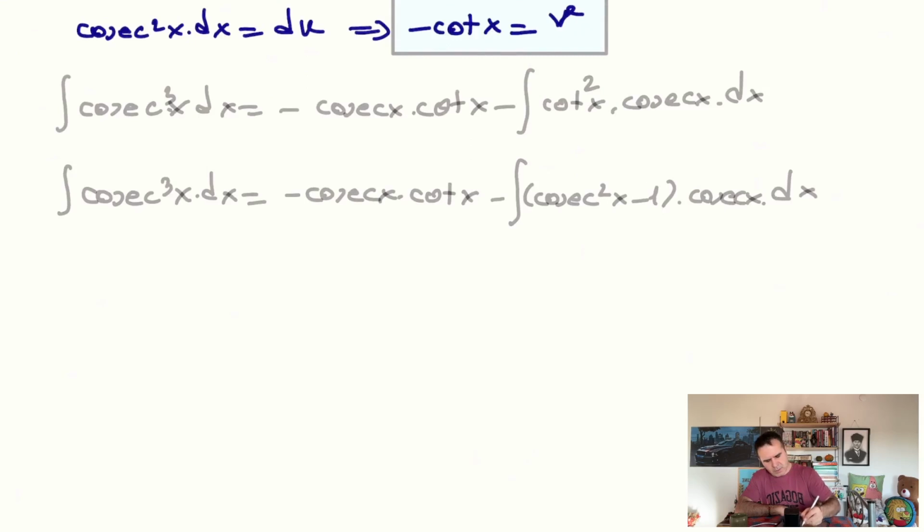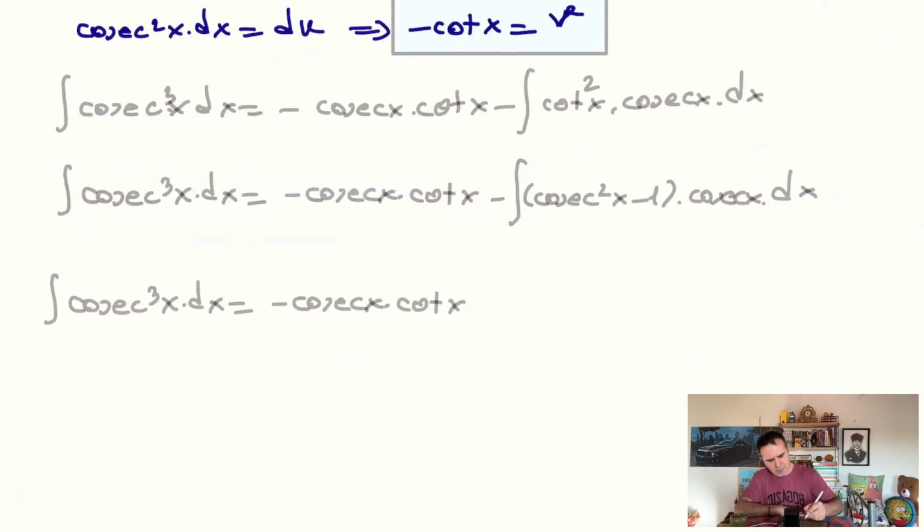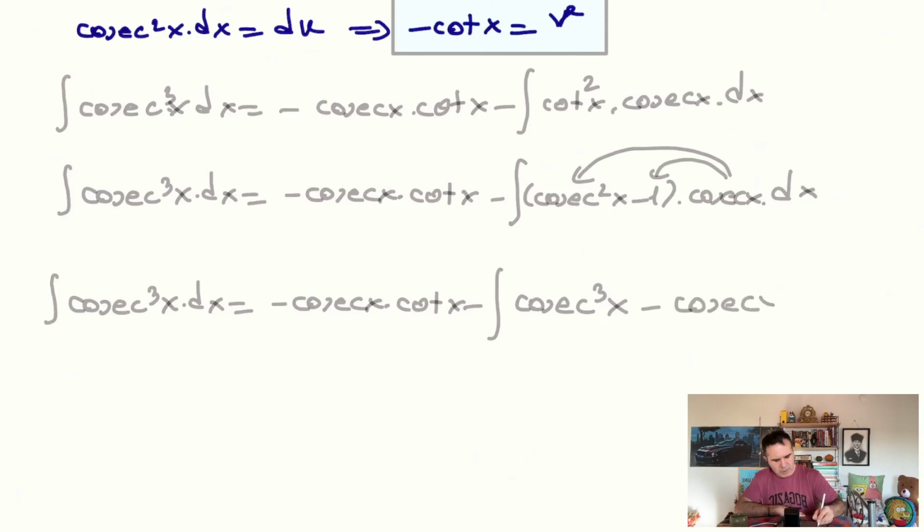Now let's take this down. Minus integral of cosecant x times cosecant square of x is cosecant cube x, and cosecant x multiplied by 1 is equal to minus cosecant x dx.